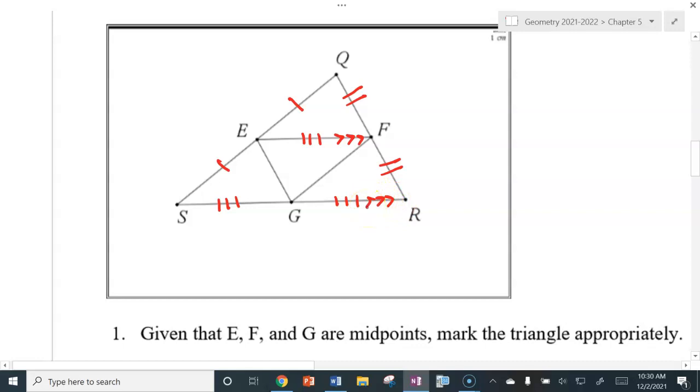I'm doing 3 arrow marks on that one just because I did 3 tick marks, so I'm going to be consistent. So let's take a look at line segment SE. That's going to be congruent to GF and parallel. And then line segment EG, it's halfway across of QR, so it's congruent to QF and parallel.